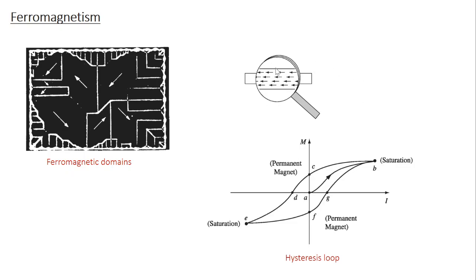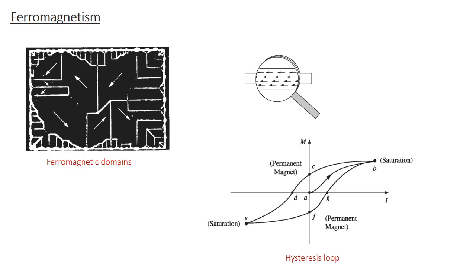If you zoom into a particular domain, you find that all the magnetic dipoles are aligned in the same direction. But if you take two different domains, the alignment of their magnetic dipoles is completely random. So inside each domain there is perfect alignment, but between two domains there is random alignment.